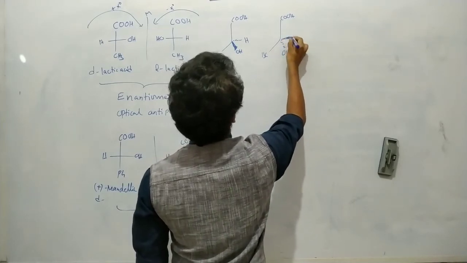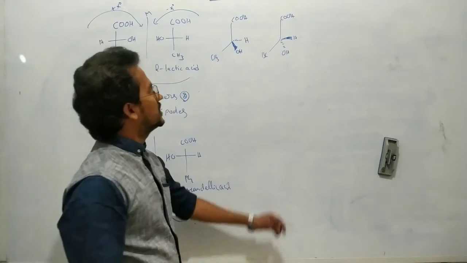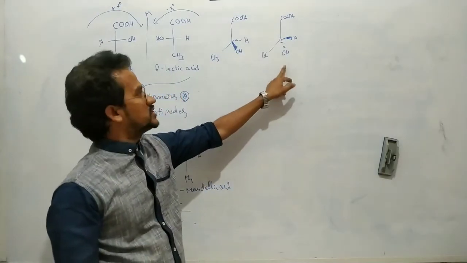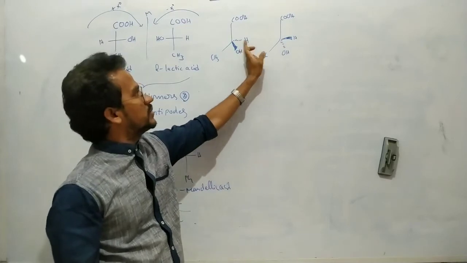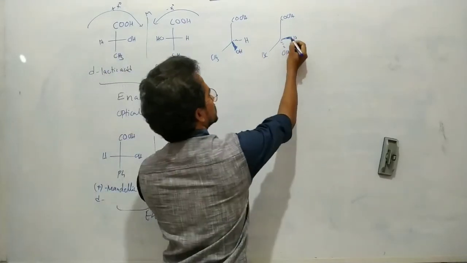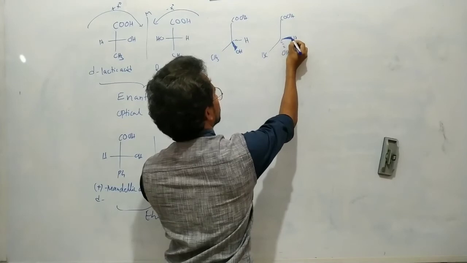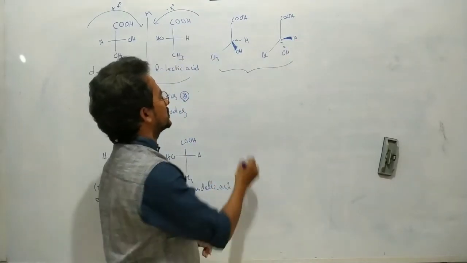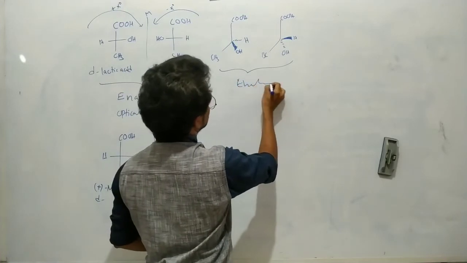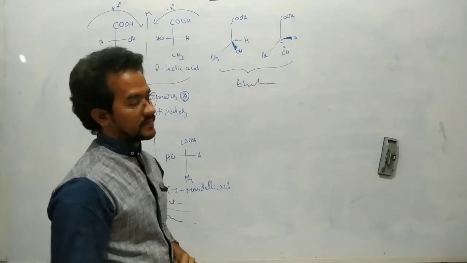These two are mirror images because OH is above the plane here and below the plane there, and the hydrogen is below the plane here and above the plane there. So these two are the enantiomers.